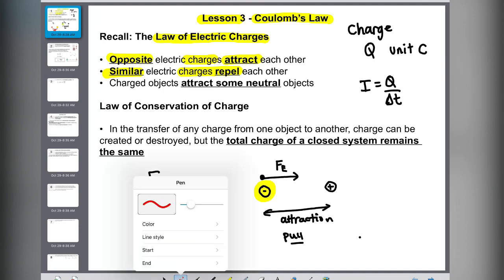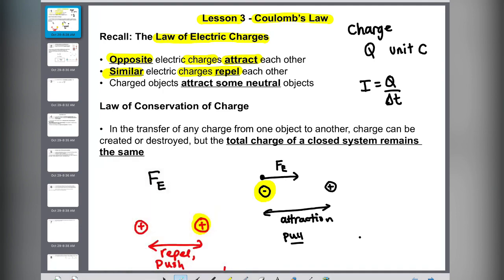So the overall force felt by this positive charge, because there is a repelling, is pushing away from each other. The direction of the electric force is going to be towards the right.